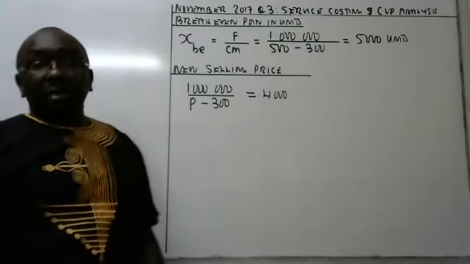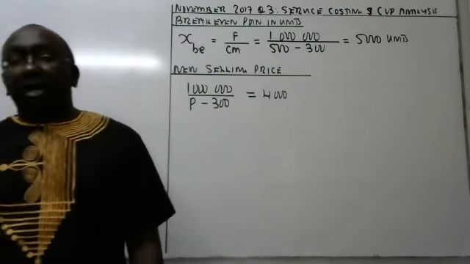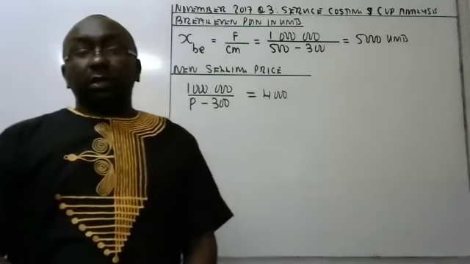So solve that and tell me what is the value of P, if we want the break-even now to be 4,000. Send me the answer.